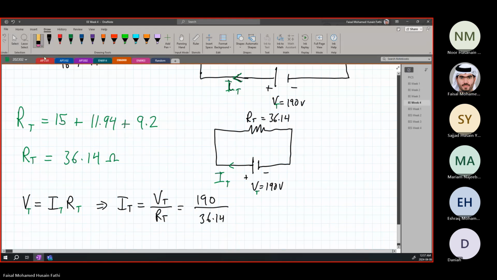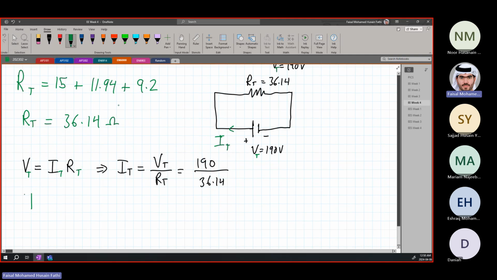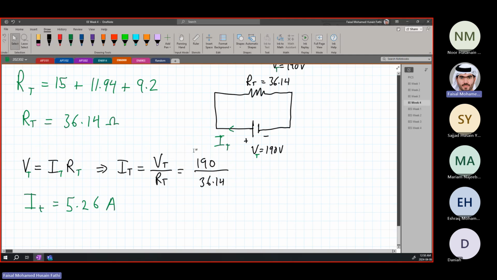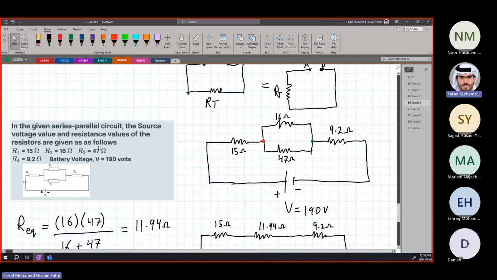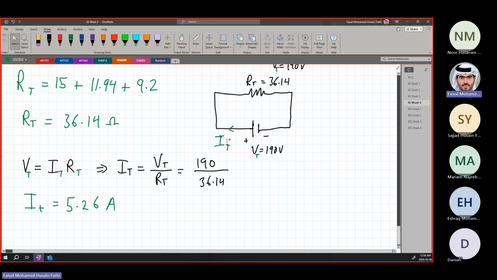So I total, you can simply find it to be 190 divided by 36.14. It's 5.26 amperes. If you notice, I'm not trying to solve any question. I'm just trying to show you the concept and why we are doing reduction. So now if the question was find the current I, this is how you'd find the current I.